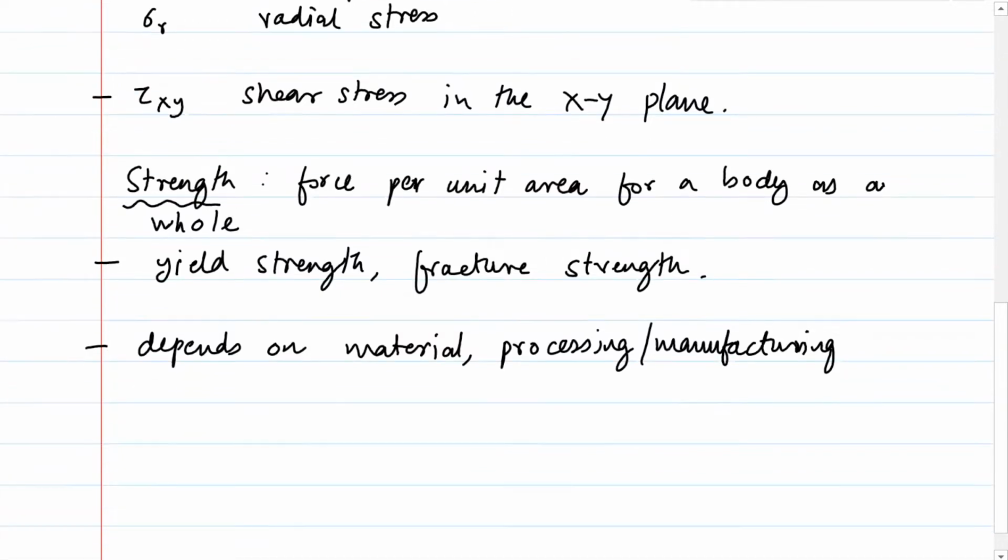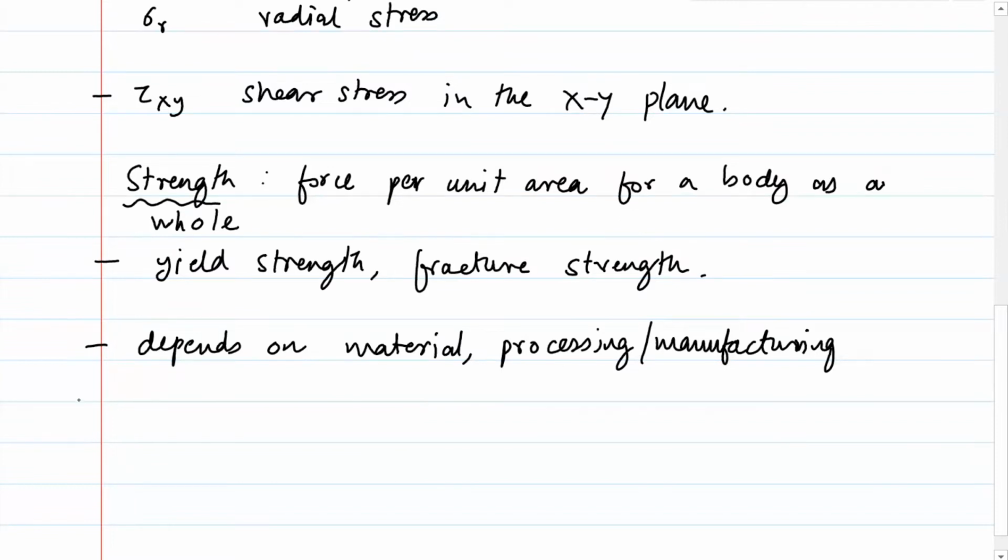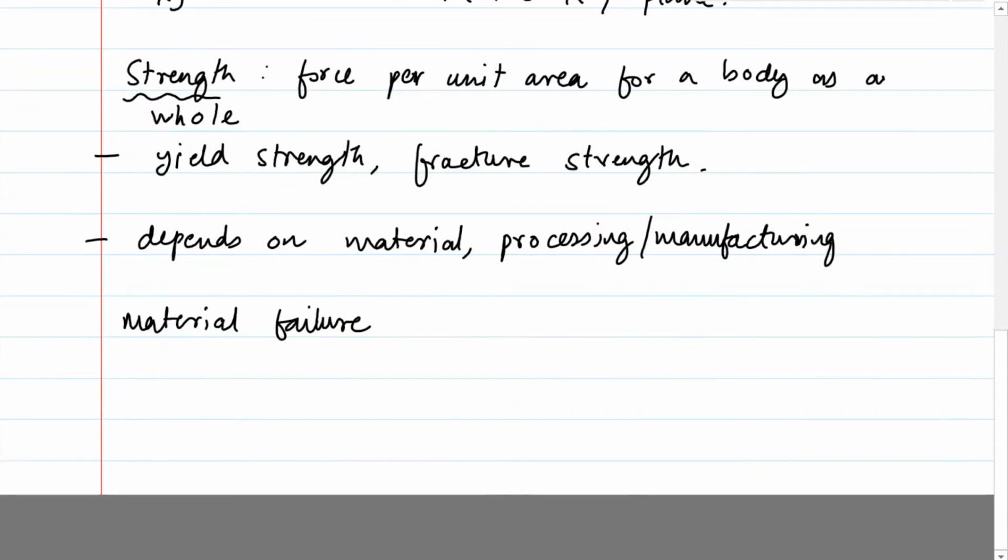So when we talk about material failure, we will typically say that for the material to not fail, the stress at a critical location should not exceed the strength. Okay, so that's usually how they are connected. But remember that strength is an absolute quantity for the whole body, but stress is for a specific location.